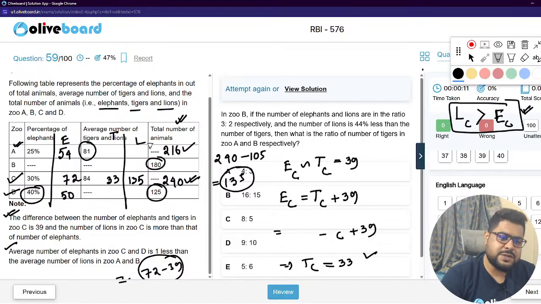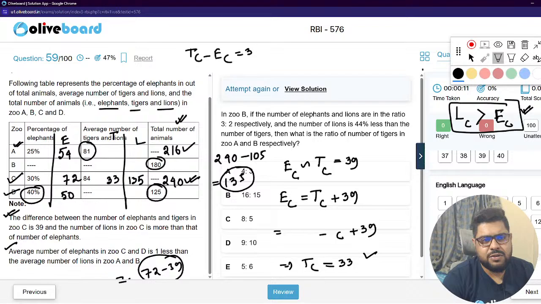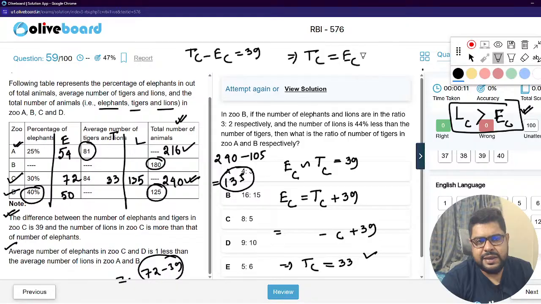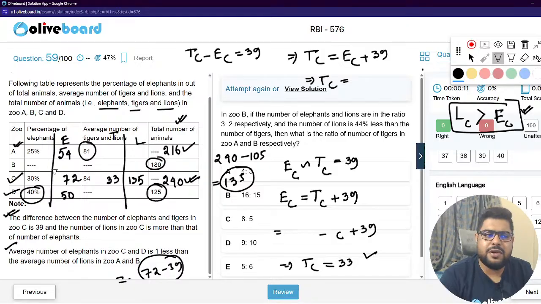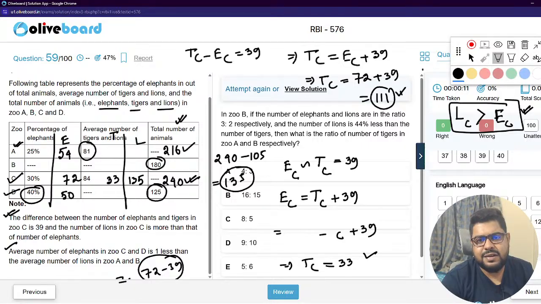Now just try to understand. So EC minus TC could have been TC minus EC as well. That was equal to 39 because only the difference is given. So there TC would have been EC plus 39. EC means the number of elephants, that is 72 plus 39, that is 111.